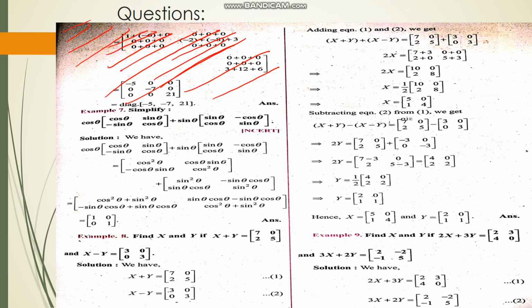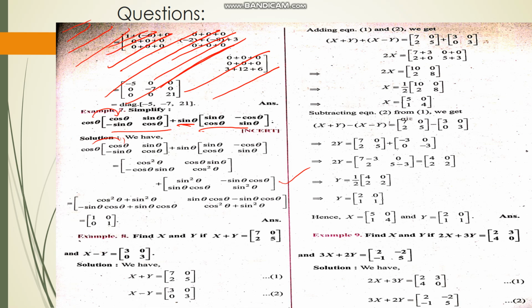Question number 7, simplify. Cos theta is multiplying with this matrix, meaning this cos theta is multiplied with each and every element of the matrix. Now sin theta, this matrix. So we have to multiply first this cos theta inside the matrix, then we'll get this result.